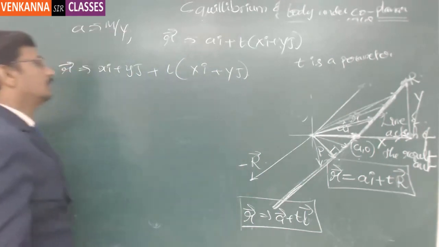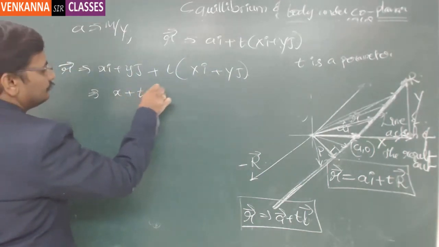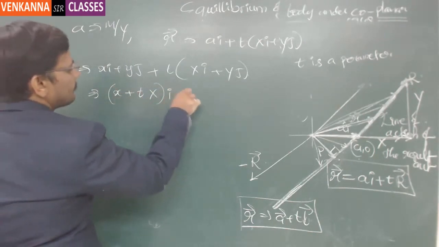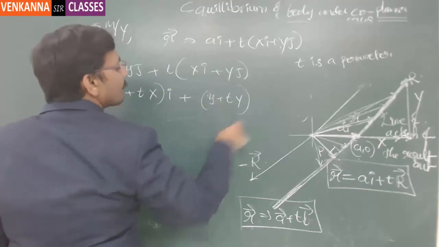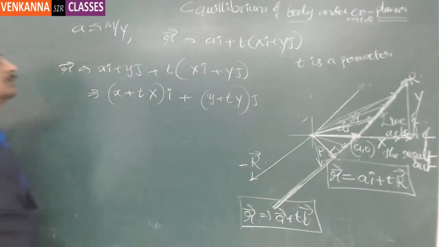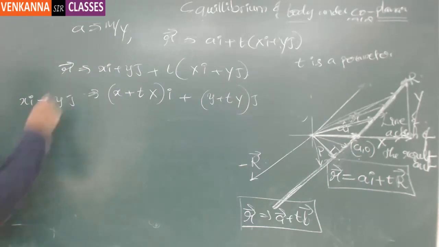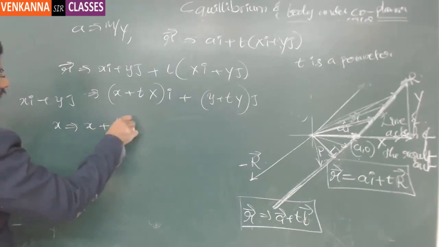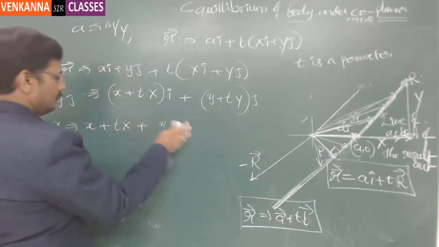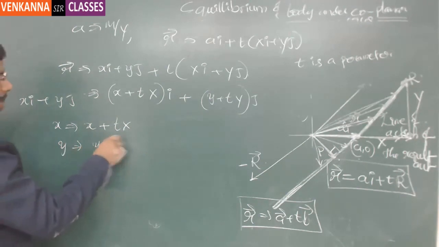Got it? So if you add this, (x plus tX) into i plus (y plus tY) into j is equal to xi plus yj, or x is equal to small x plus tX, and y is equal to small y plus tY.